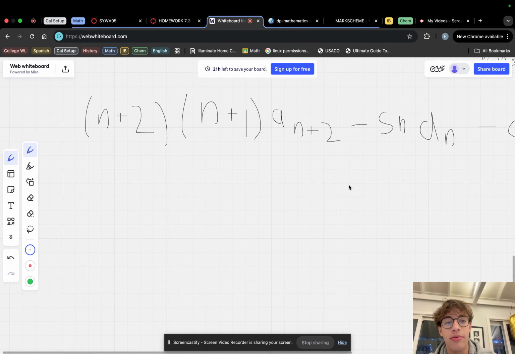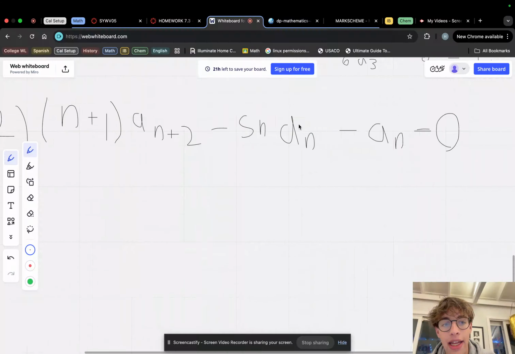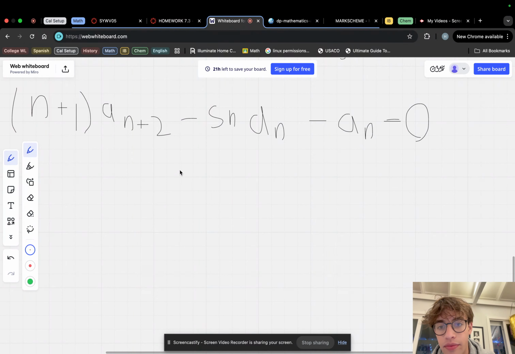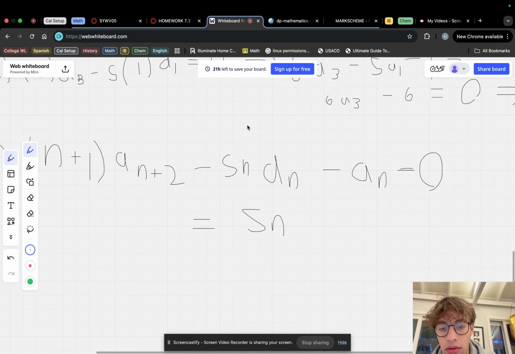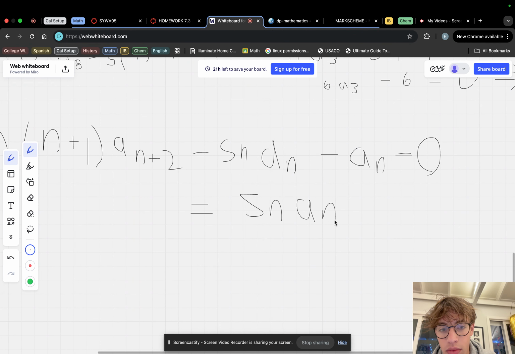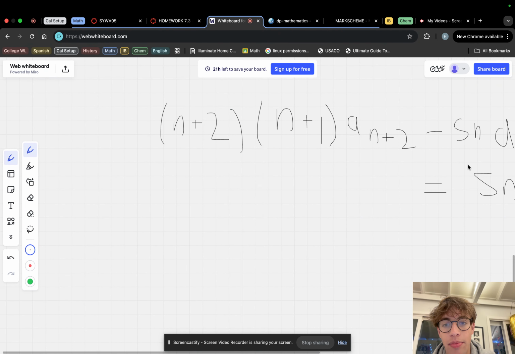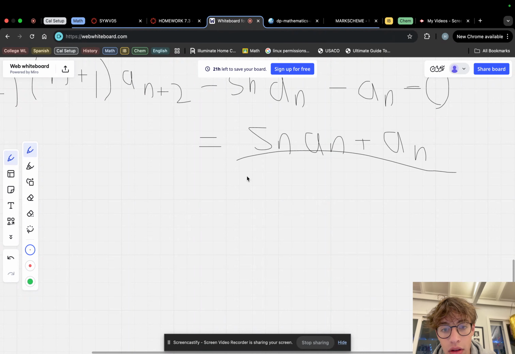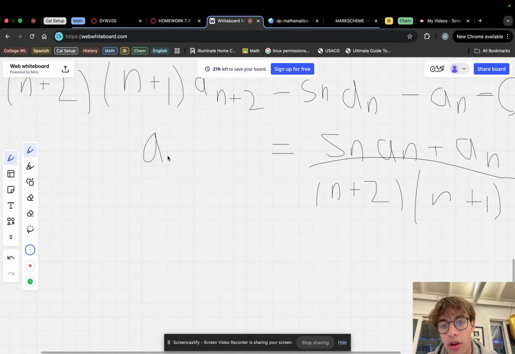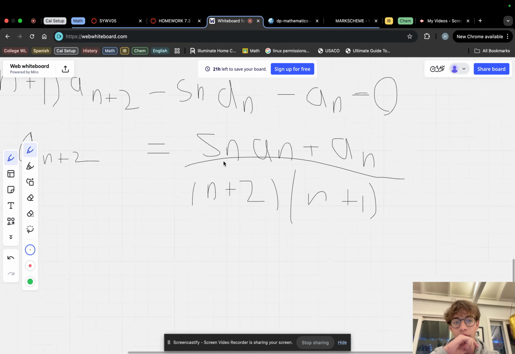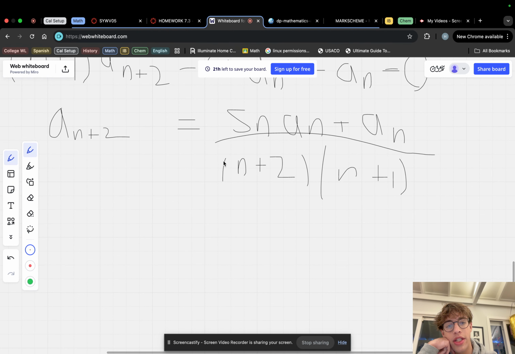We do that by first adding both of these to the other side, and then we would divide both sides by n plus 2 times n plus 1. So that equals a sub n plus 2.